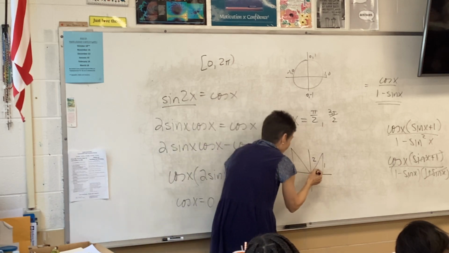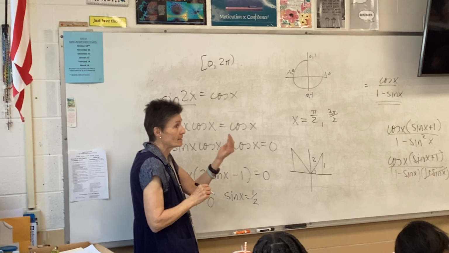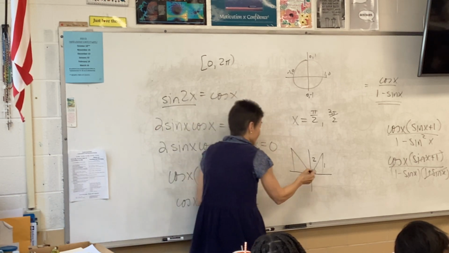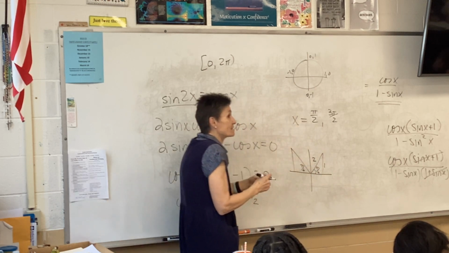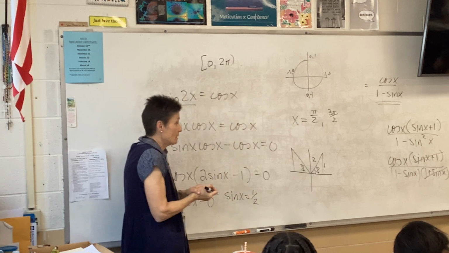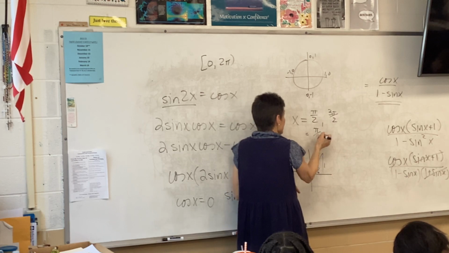How big is that reference angle? 30, which in radians is 1/6 of pi, because 30 is 1/6 of 180. So one of our answers is pi/6.